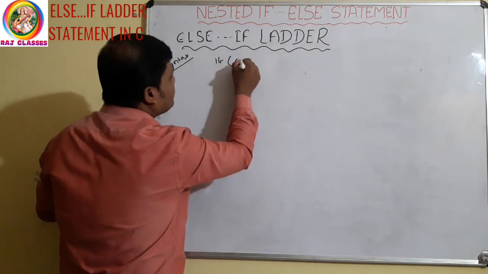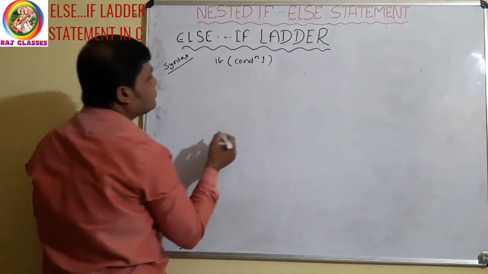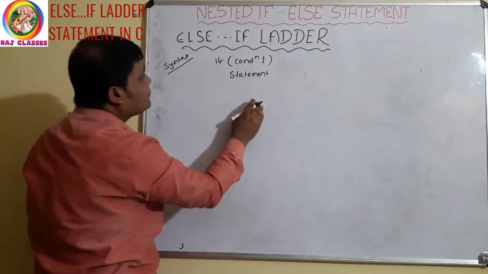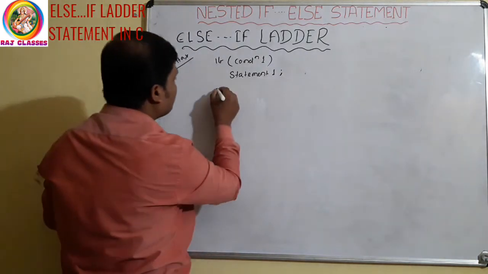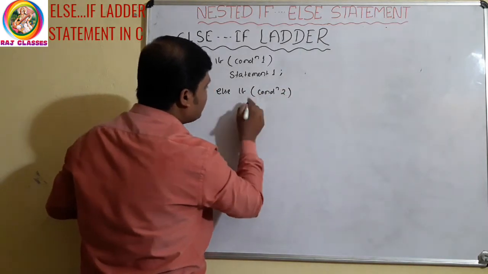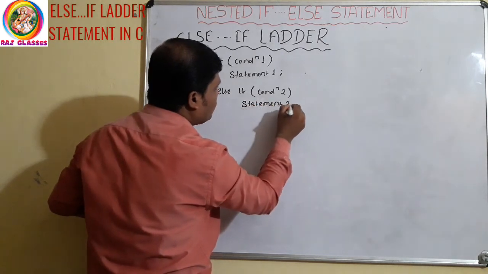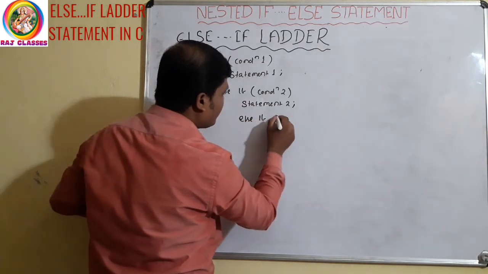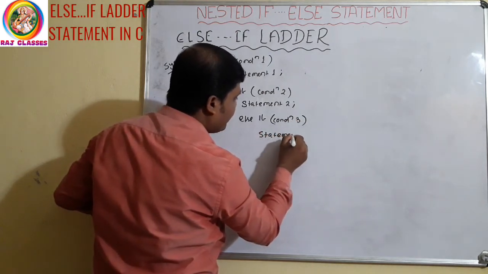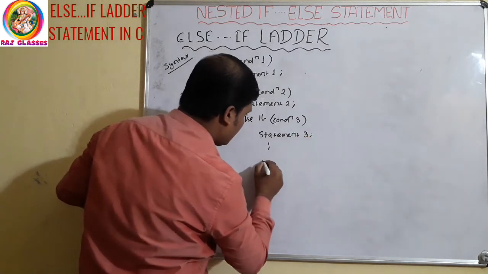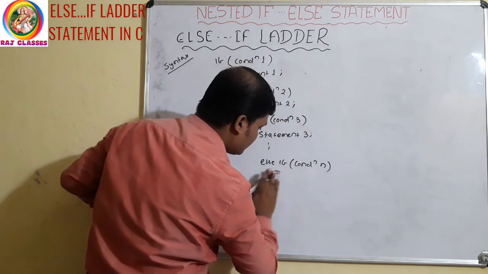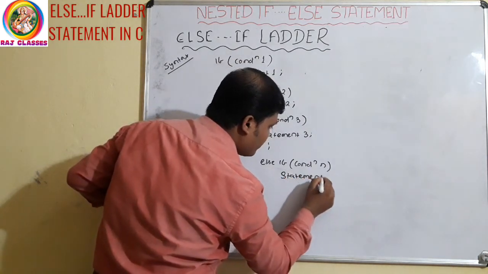Syntax: if condition 1, then statement 1, else if condition 2, then statement 2, else if condition 3, then statement 3, same as else if condition n, then statement n.